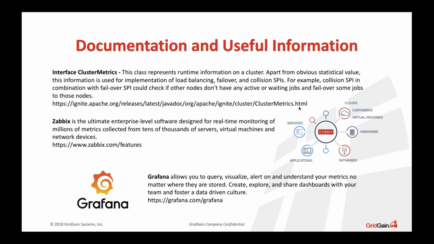It's one of the open source enterprise-level software. Grafana is an open source and freeware application where you can visualize your queries and show nice and beautiful pictures on your screens.